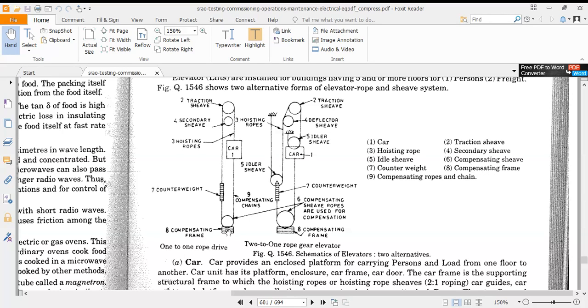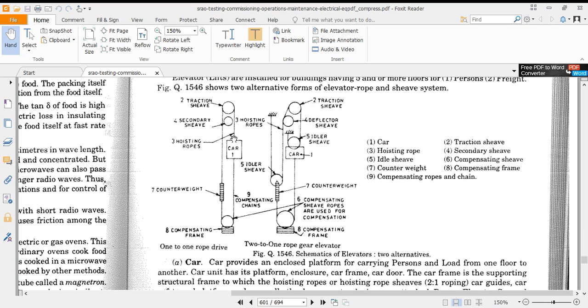Eighth, compensating frame. Then compensating ropes and chains. Ninth, this one is a compensating chain or rope. See, look at the names.